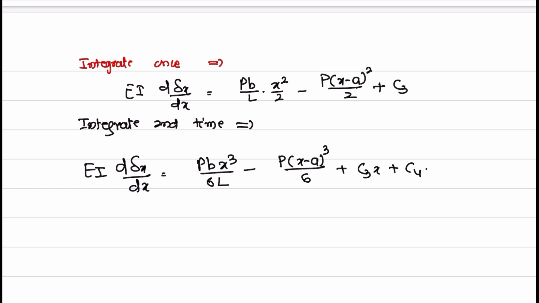Now, what is the boundary condition? M at B is equal to 0, delta at B is equal to 0, x is equal to L at B. That implies when you integrate for the second time, this d delta x will go and it will become only delta x.